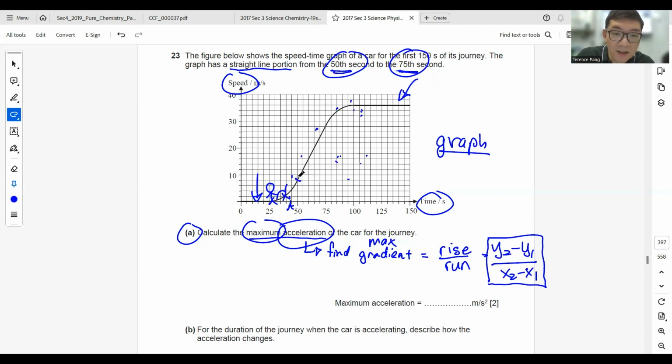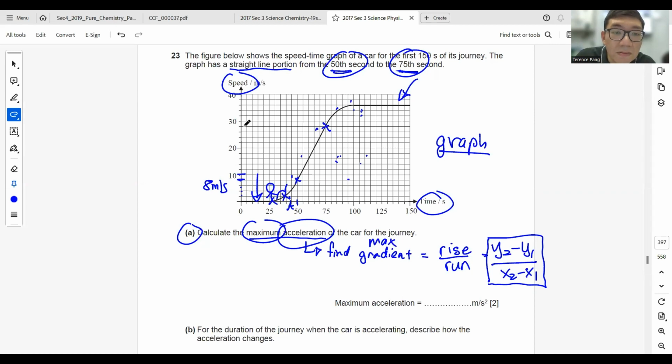So 50th is here, 75th is here. You can take these 2 points, or you can take other points you want. Over here you have 8 meters per second at 50.